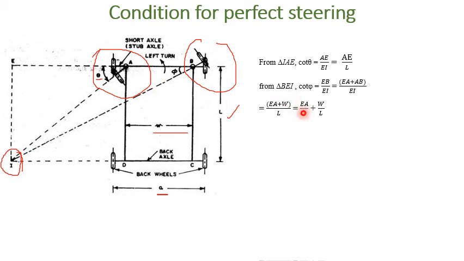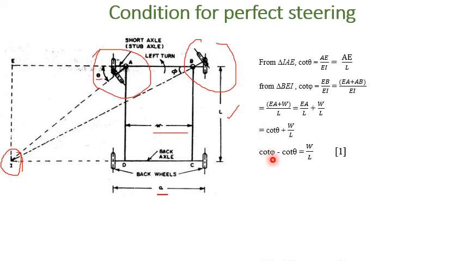So I will split this equation. What happens? EA by L plus W by L. EA by L is nothing but cot theta, so in place of EA by L, I will substitute cot theta, and W by L remains the same. So the final equation becomes cot phi, and cot theta will come to the left hand side.